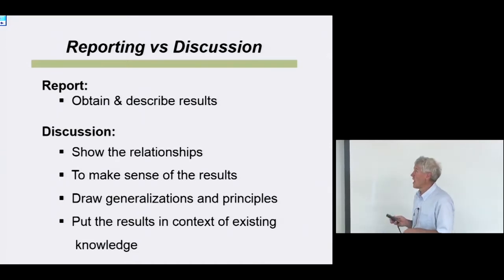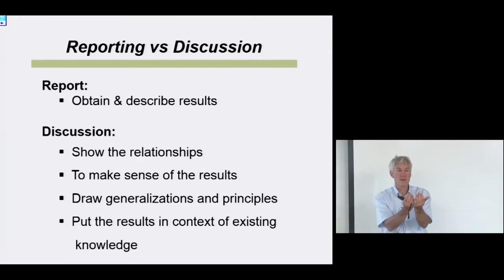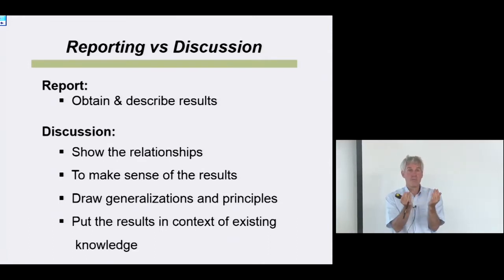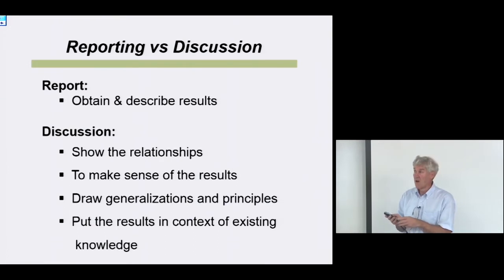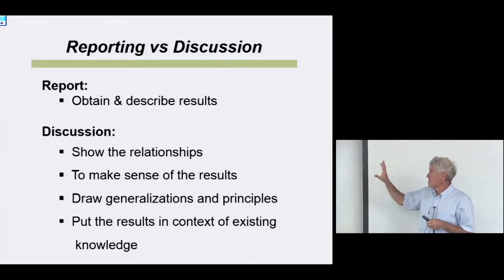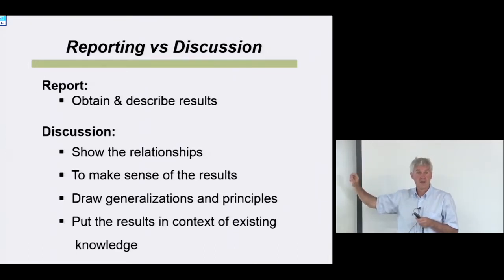And to do that, you need to go beyond reporting. So if you get one paper and read one paper and then present the results of that paper, I would call that reporting. But what we really want is you to read that paper, understand it, and also read some of the background, and then pick out from that what part you would like your audience to understand. And therefore, change it from just reporting A and B to something that the audience can understand.